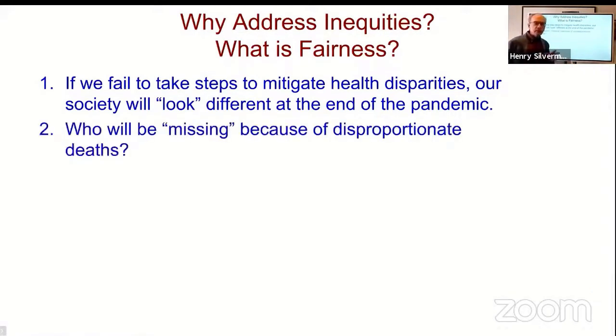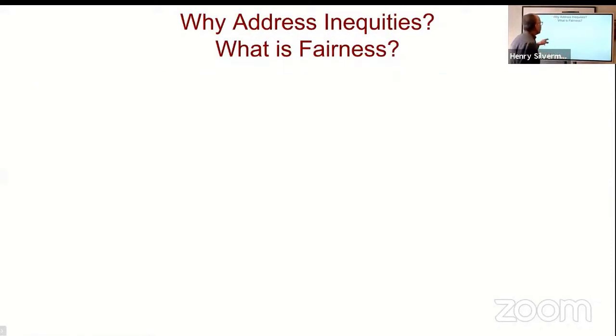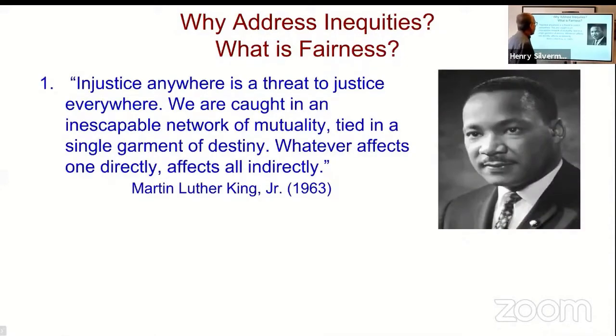Who will be missing because of disproportionate deaths due to disproportionate impact of the pandemics? And from Martin Luther King: injustice anywhere is a threat to justice everywhere. We are caught in an inescapable network of mutuality, tied in a single garment of destiny. Whatever affects one directly affects all of us indirectly.